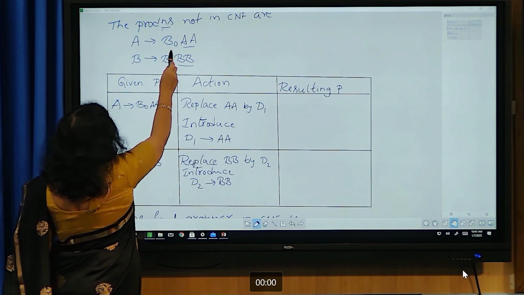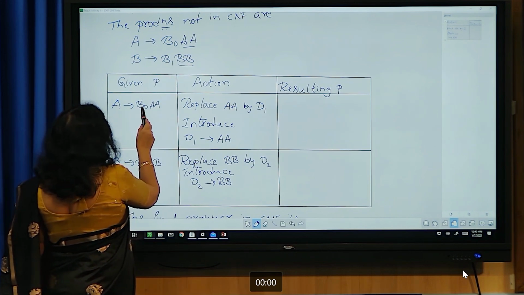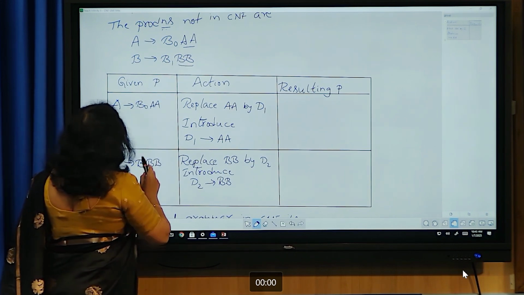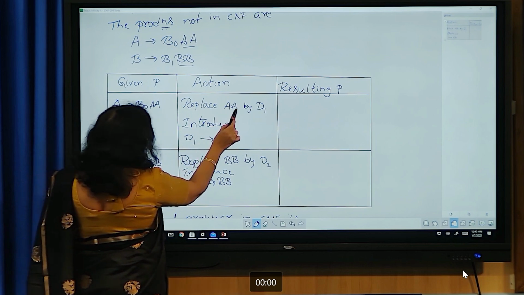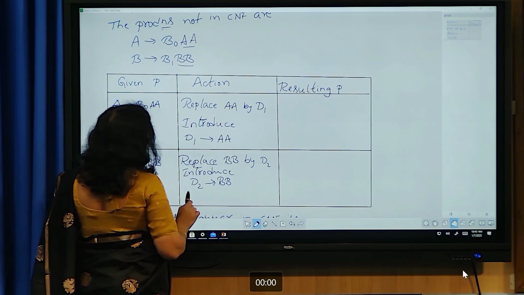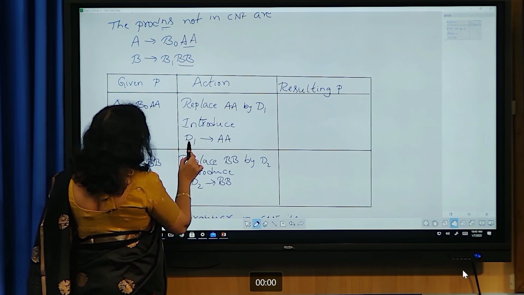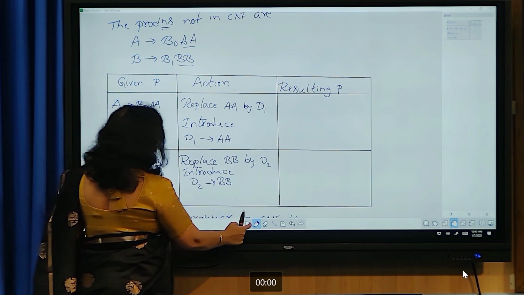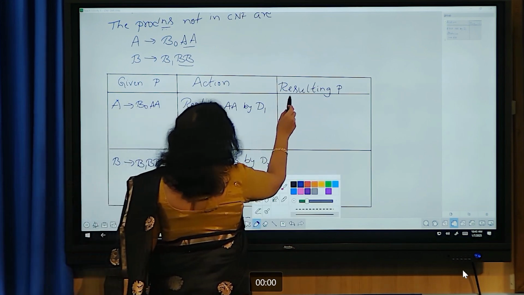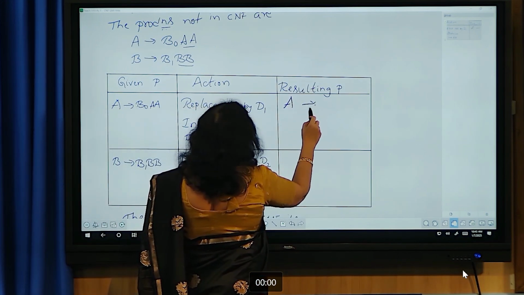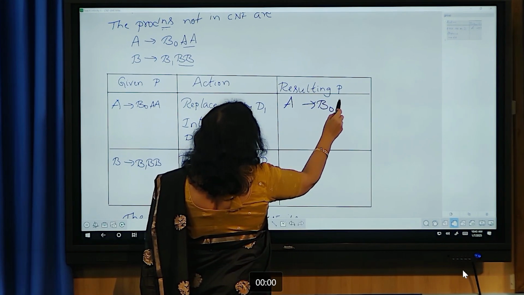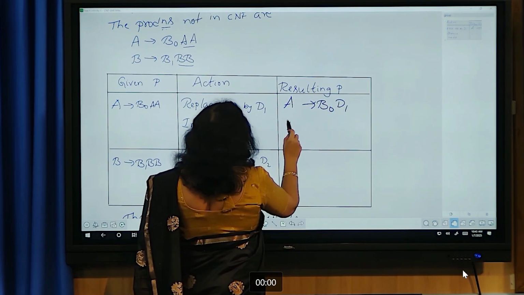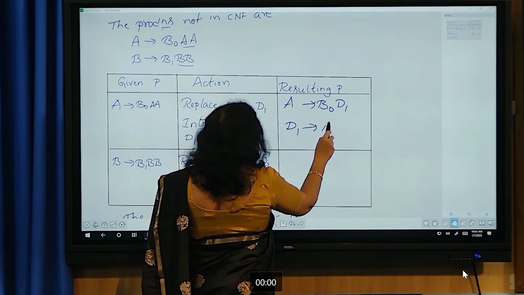Now let me consider A produces B0 AA. Here replace AA by some new variable D1, introduce D1 produces AA. So this will become A produces B0 D1, D1 produces AA.